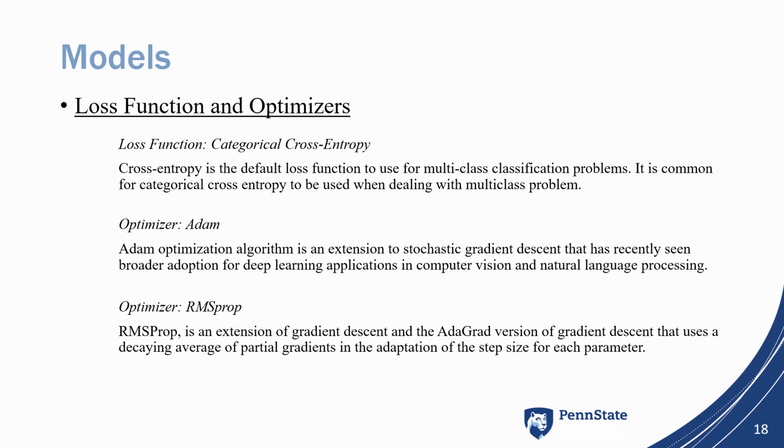The use of a decaying moving average allows the algorithm to forget early gradients and focus on the most recently observed partial gradients seen during the progress of the search, overcoming the limitation of AdaGrad. We want to compare RMS-prop with Adam to see which of these two optimizers works best for our image data.